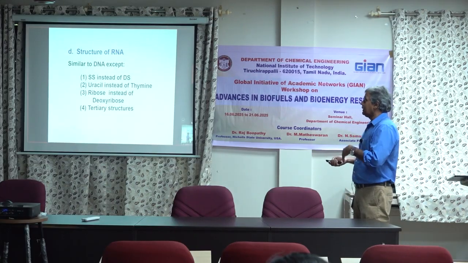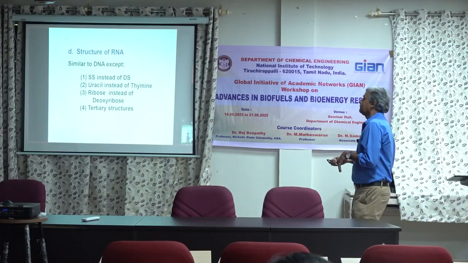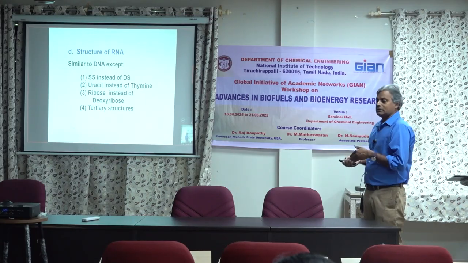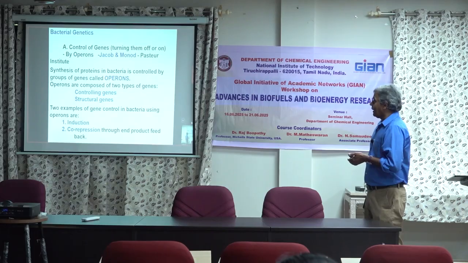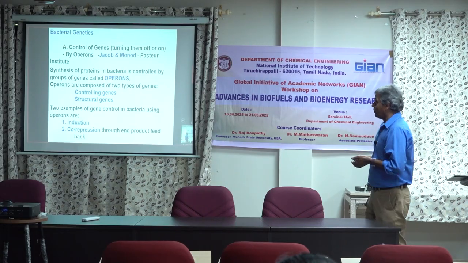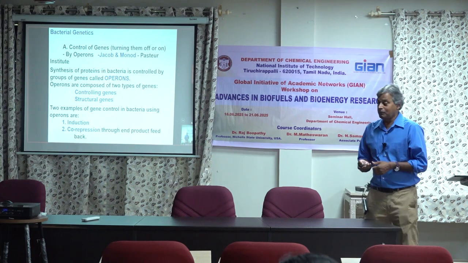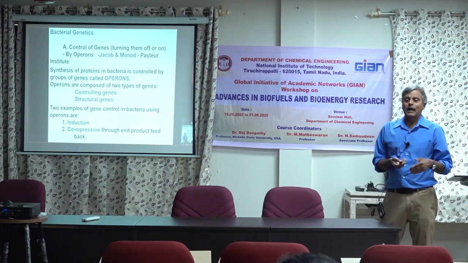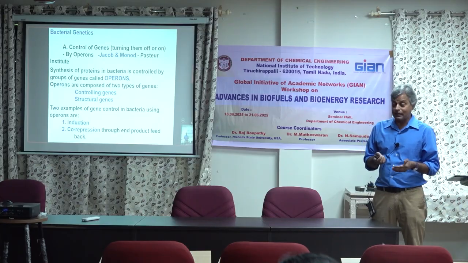RNA is single-stranded. As I said, U replaces T. The ribose sugar is different. Okay, so let's talk about how this control system works. It was first discovered by these two guys, Jacob and Monod, who both won the Nobel Prize for it. They came up with a beautiful mechanism for how the gene is turned on and off in E. coli bacteria.